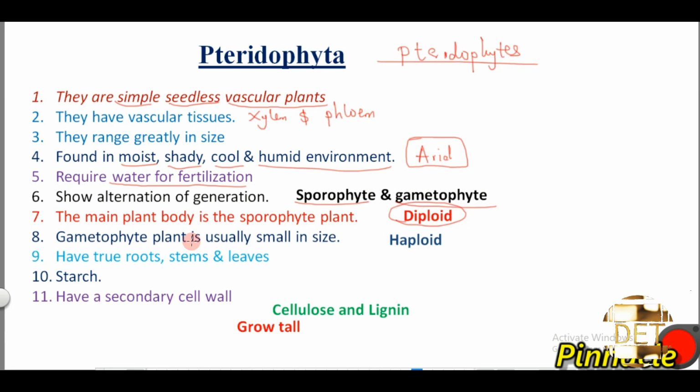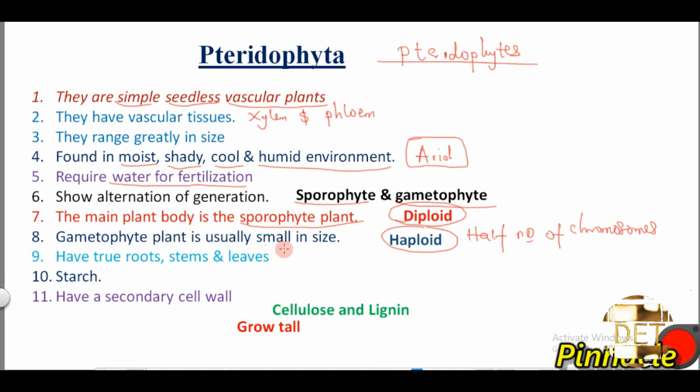The gametophyte plant is usually small in size and it is haploid in nature. What that means is that it contains half the number of chromosomes. So the main plant in pteridophytes is the sporophyte plant.